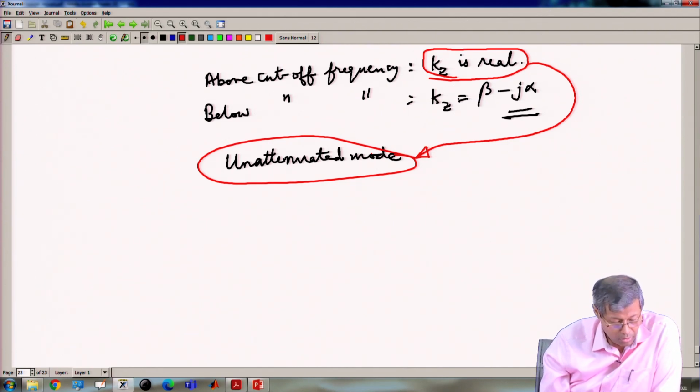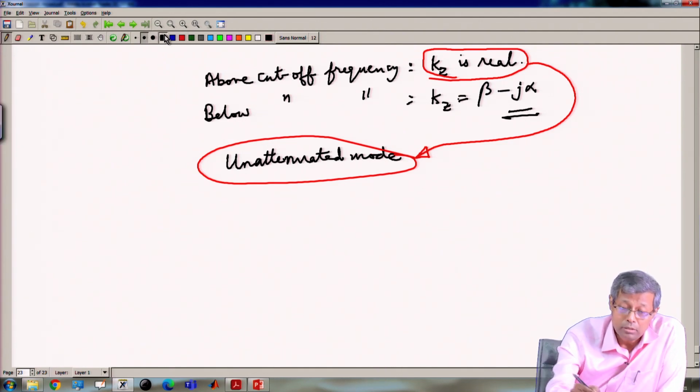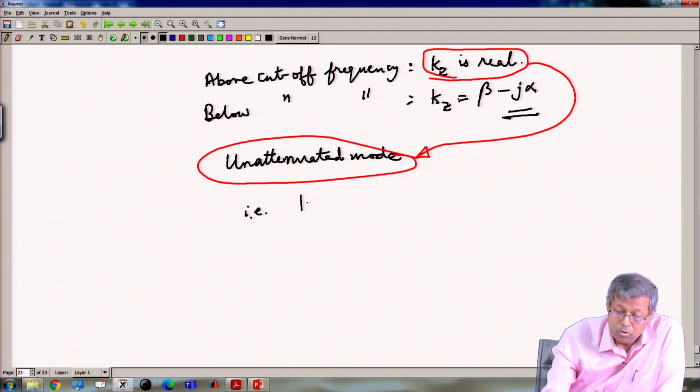So, the propagation constant or phase constant of an unattenuated mode will lie between the intrinsic phase constants of the dielectric and the air region. That is, we will have k0 less than kz less than kd.